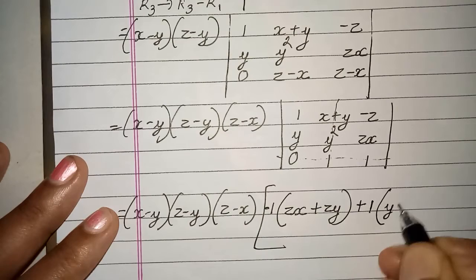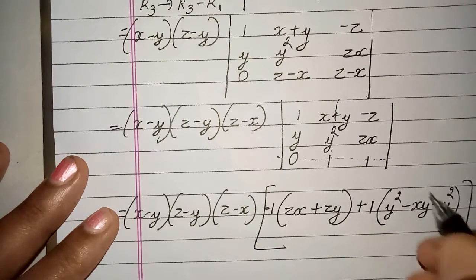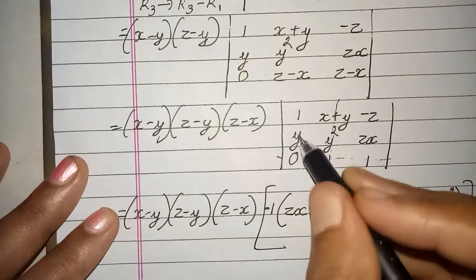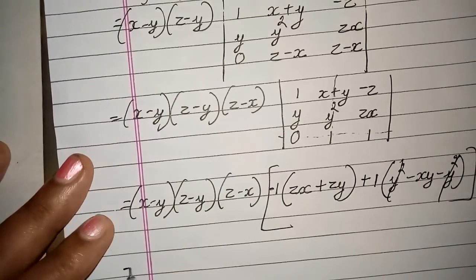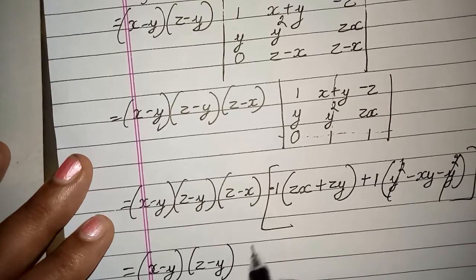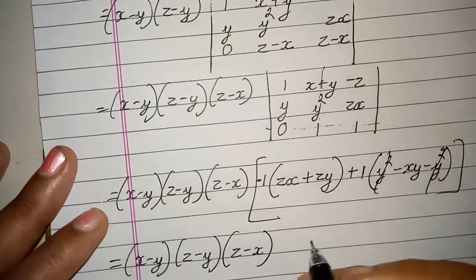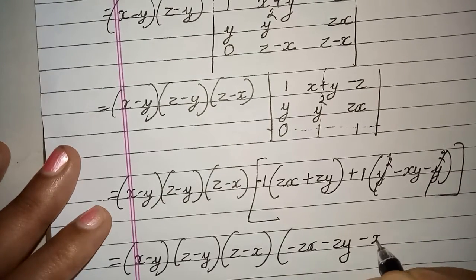So it will be y square minus xy minus y square, because y square minus y times of this. Y square will get cancelled. So you have x minus y, z minus y, z minus x, and you have minus zx minus zy minus xy.